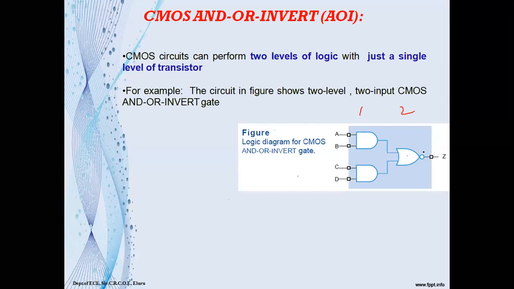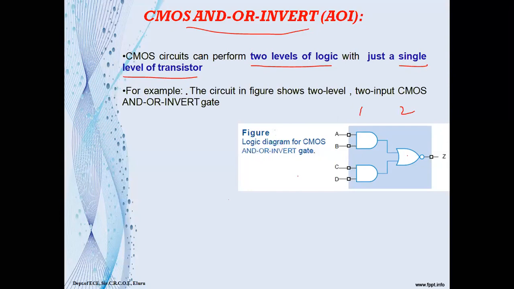That is, in a generalized way. But coming to the CMOS circuits, the advantage in AND-OR-invert is that the two-level logic gates perform in a single level of transistors.